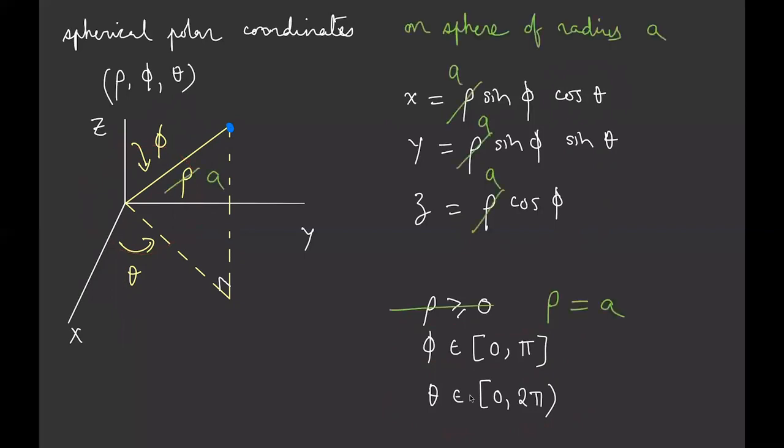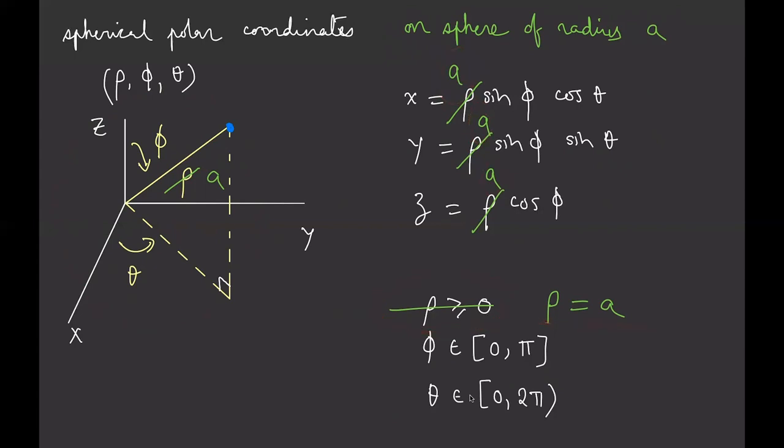But in this case, what I'm interested in is a sphere of radius a. If I confine my attention to a sphere of radius a, this rho here is going to be replaced by a. It's always a at every single point on my sphere. So I've put in an a wherever I see a rho, and in this case it's not rho greater than or equal to 0, it's rho equals a.